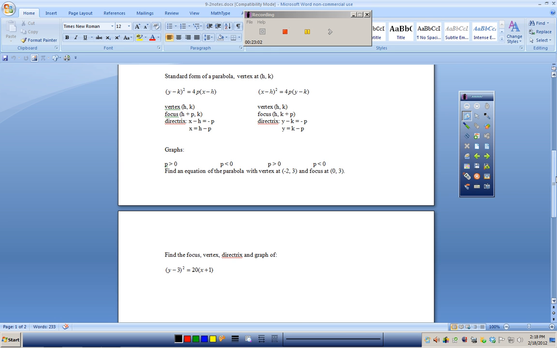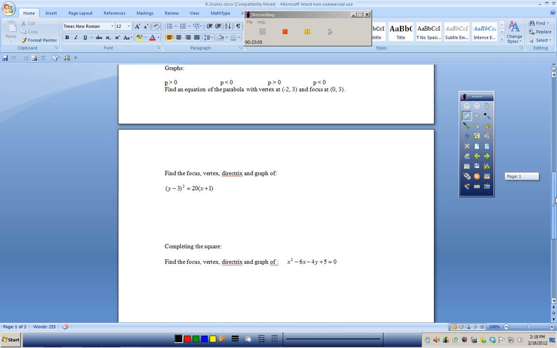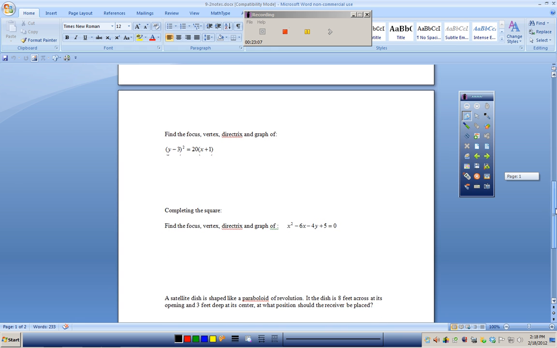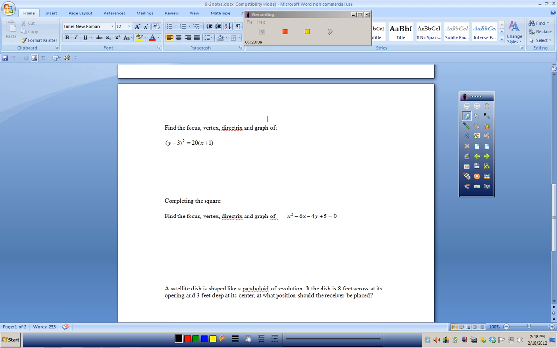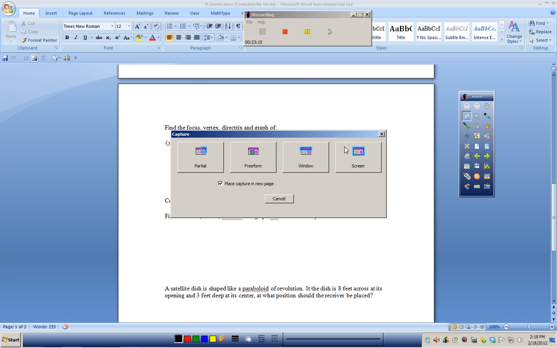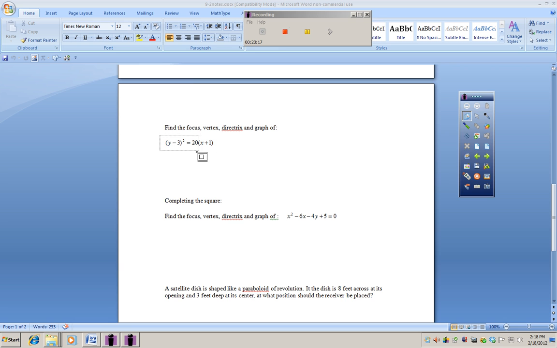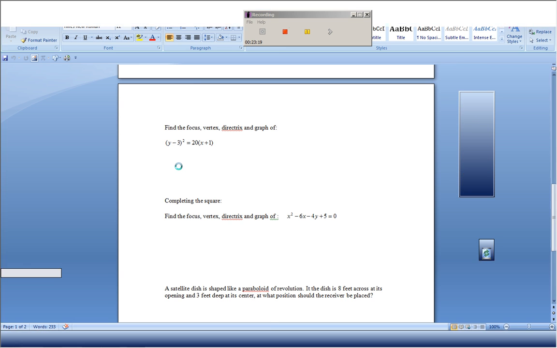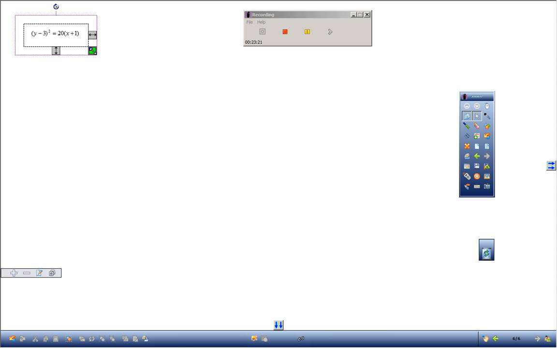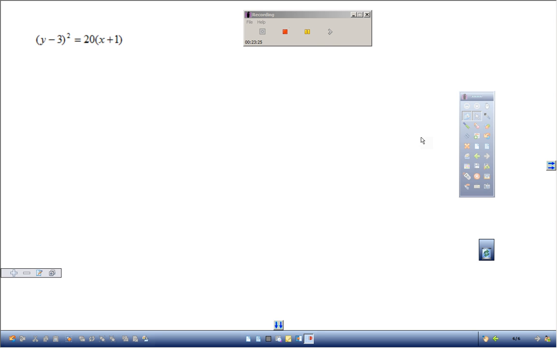Next sample problem. Find the focus, vertex, and directrix of the graph of this one. Again, what I would do is sketch a picture of it rather than memorize a bunch of formulas. Since this is y minus 3 squared, this is going to be a sideways parabola.